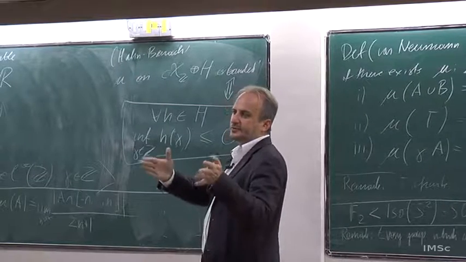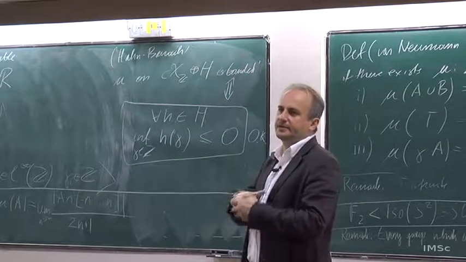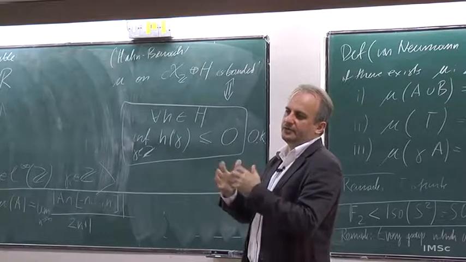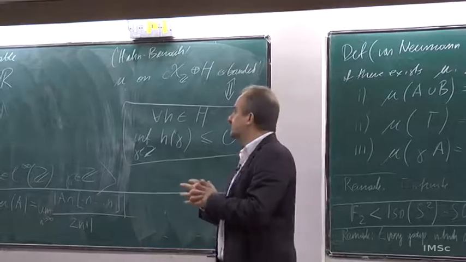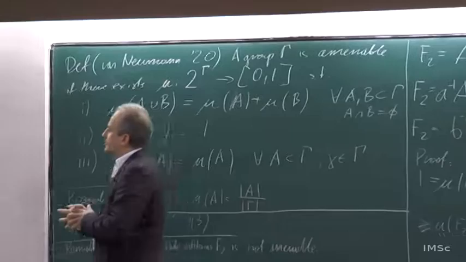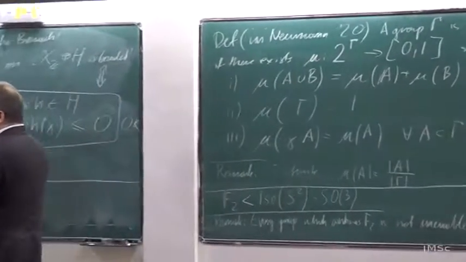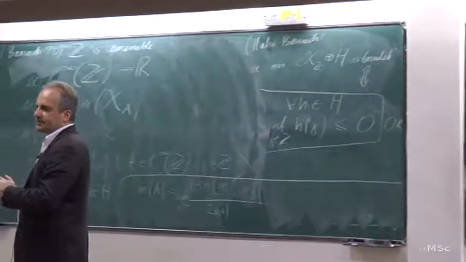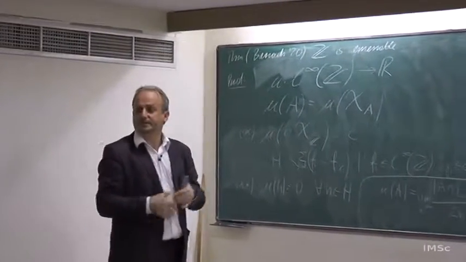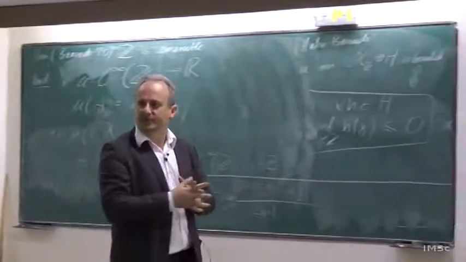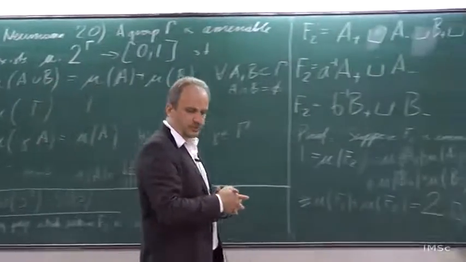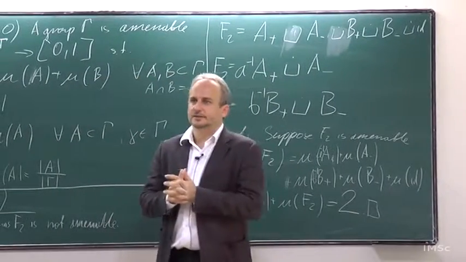Yeah, because if you translate them by 1, you get odd numbers, and the union is all integers. However, if you look just at natural numbers, the density can be anything between 0 and 1. It can be 0, it can be 1, or anything in between. So there is no uniqueness.